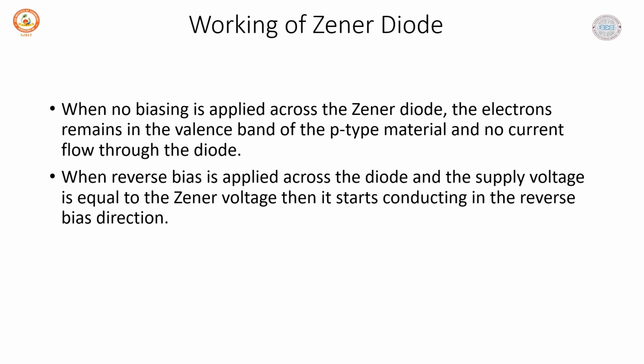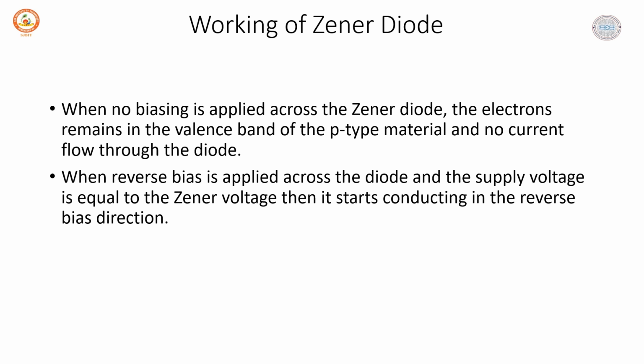So next, coming to the working of a zener diode. As we know, a PN diode can operate under unbiased condition, the forward bias condition and the reverse bias condition. But a zener diode operates under reverse bias condition. Still, it exhibits its own character when there is no biasing applied.